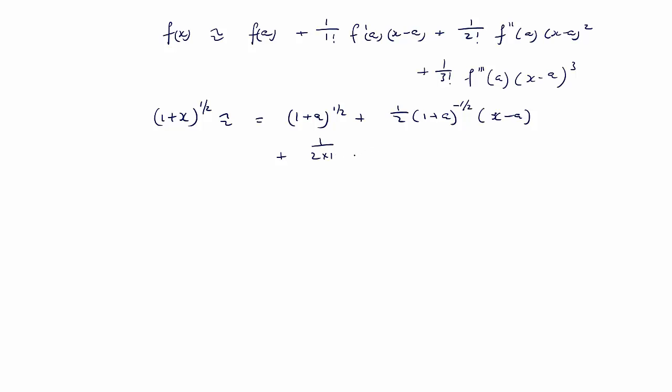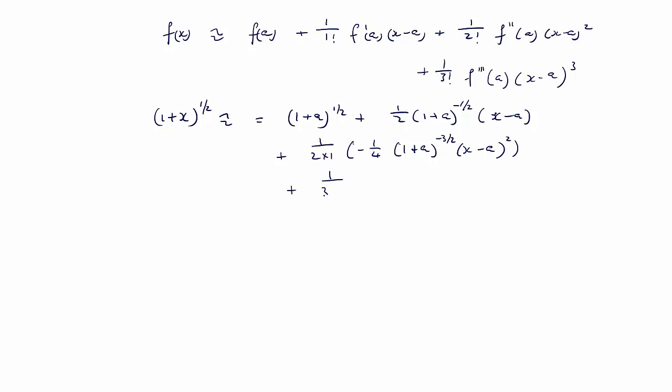Our second derivative then was minus 1/4, (1 plus a) to the minus 3 on 2 times (x minus a) squared.